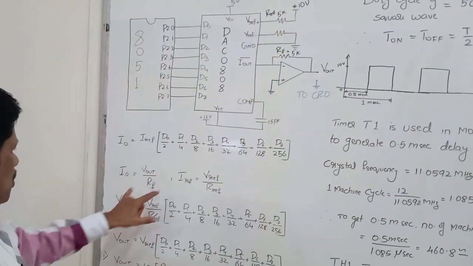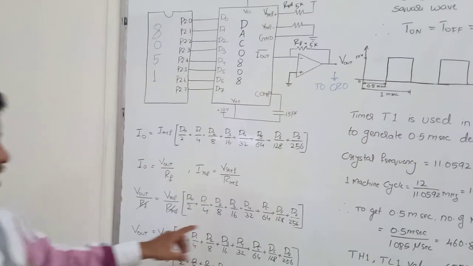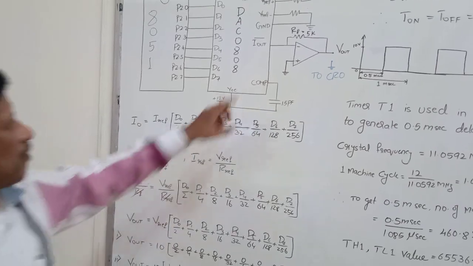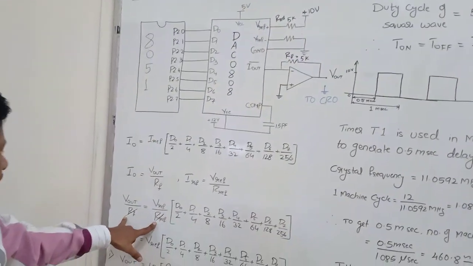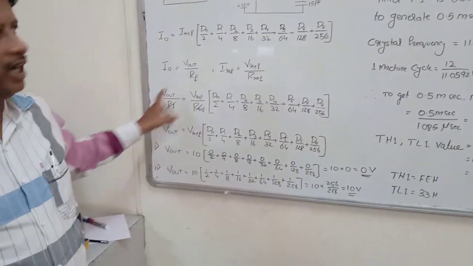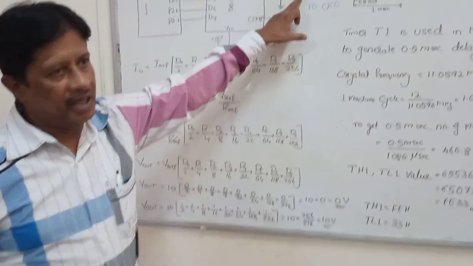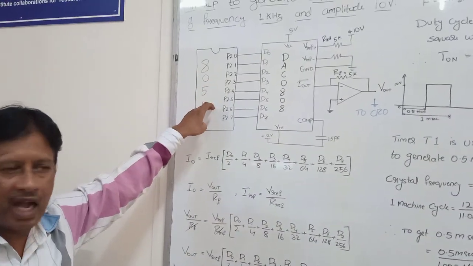If you substitute these two into this formula, we get this. Here RF and R reference are both 5K, so these two get cancelled. Now this is the formula by which we can calculate the output analog voltage depending upon the digital value we are giving at the input.